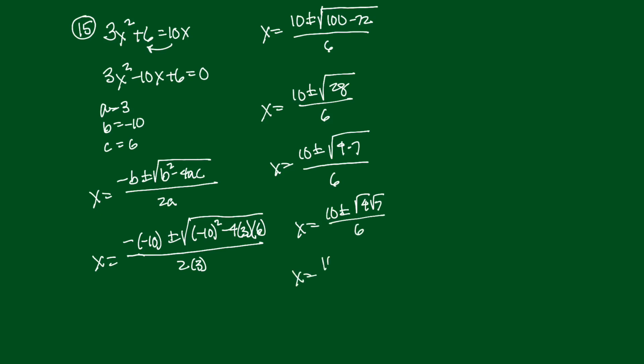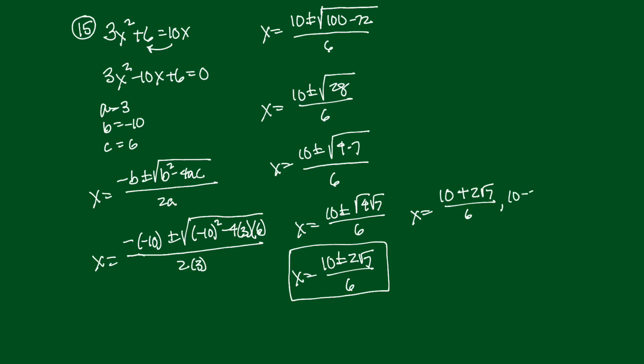X is equal to 10 plus or minus 2 square root of 7 over 6. And I don't think we can really do anything here. Let's just leave it like this. So there's two numbers here. We'll get x is equal to 10 plus 2 square roots of 7 over 6, and 10 minus 2 square roots of 7 over 6.